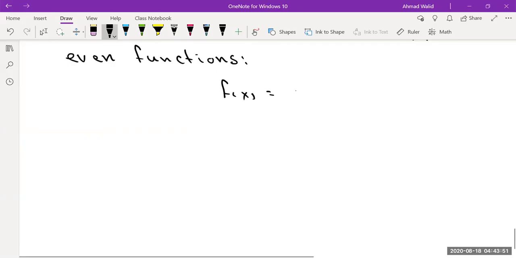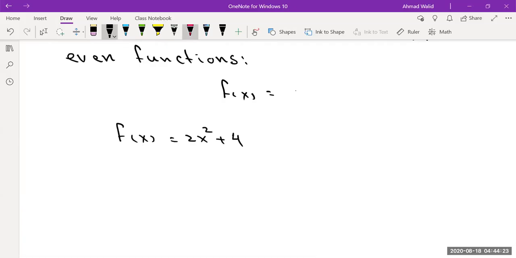Or in an easier language, every time that I give you a function, for example, f of x equal to x squared plus 4, if I ask you if it's an even function or odd, what you do is replace your x with negative x.